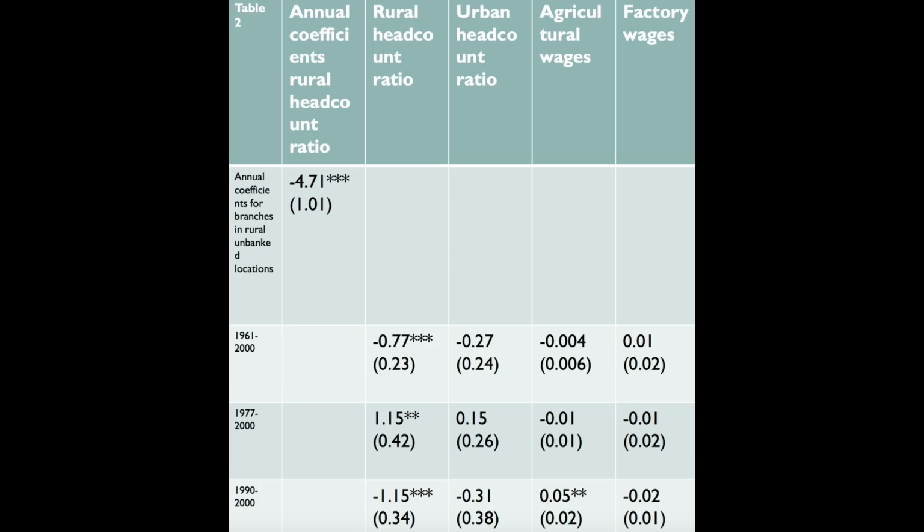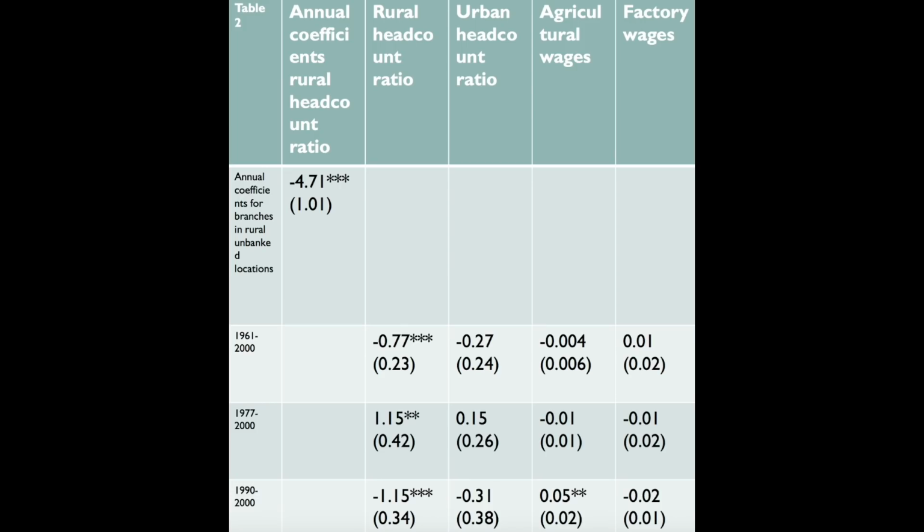Rural poverty reduction was more rapid in more financially developed states before 1977 and after 1999. A 1 point increase in initial financial development reduced rural poverty by an additional 0.77 points annually. Between 1977 and 1999, a 1 point decrease in financial development saw rural poverty reduced by an additional 0.38 points annually.